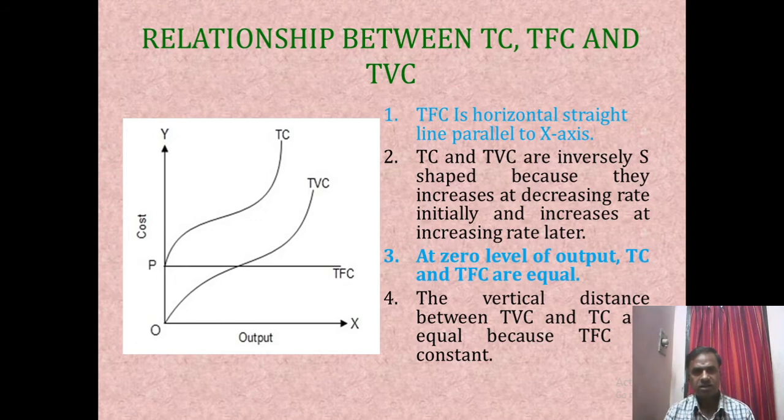The vertical distance between TC and TVC is the same. The reason is TFC. The distance between TC and TVC is TFC, and TFC is constant at all levels of output. That's why the vertical distance between TC and TVC is the same at all levels of output.